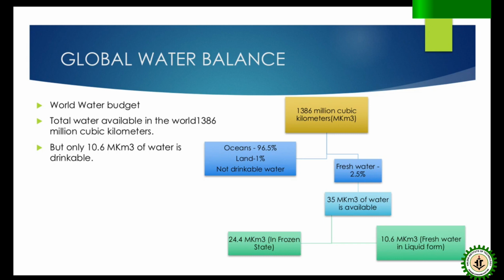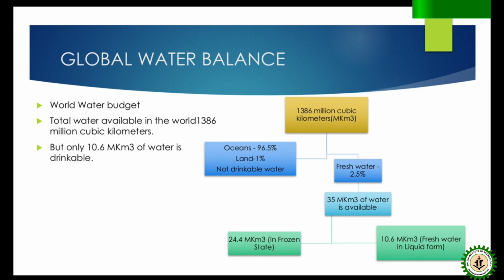But 96.5% of the water is in oceans. Three-fourths of the earth is oceans, right? So that much is in the ocean. Ocean water you cannot drink, it is non-drinkable. Coming to land also, there is some water which you cannot reach, that is deep infiltrated water, which goes under the hard strata and gets trapped under it.